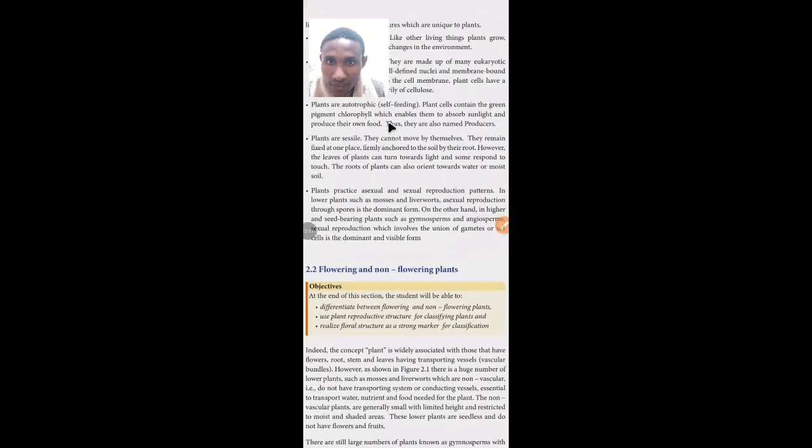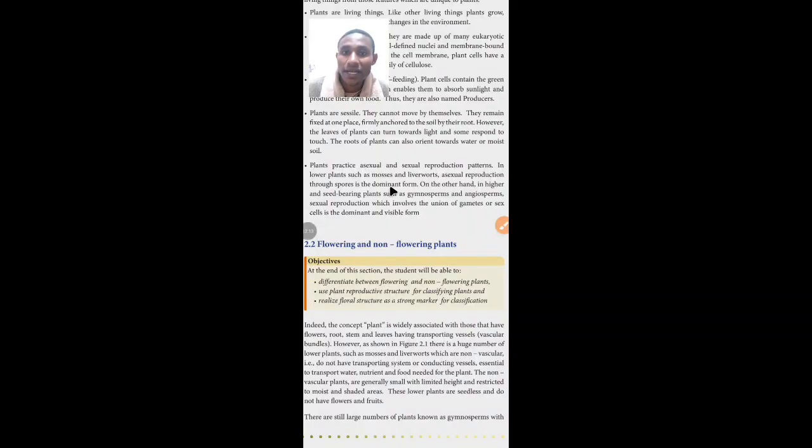Next, it says the plant practices sexual and asexual reproduction patterns, because plants can reproduce both sexually and asexually. For example, flowering plants can reproduce sexually by the flower, and different plants can also have asexual reproduction, such as by spores and others.